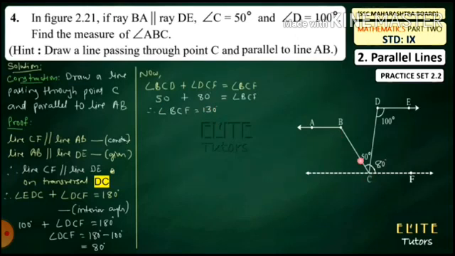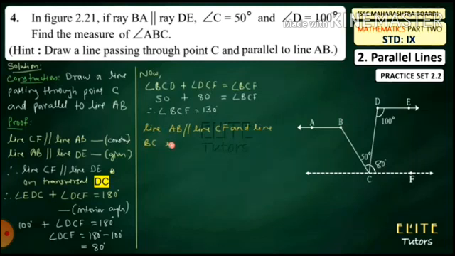Now students, we can get BCF as 130 degrees. So we will write, we can take AB and CF as parallel and BC is a transversal. So we can write line AB is parallel to line CF and BC is a transversal.